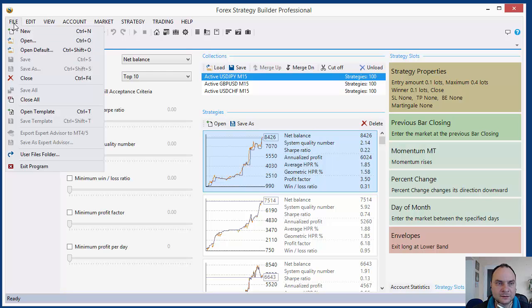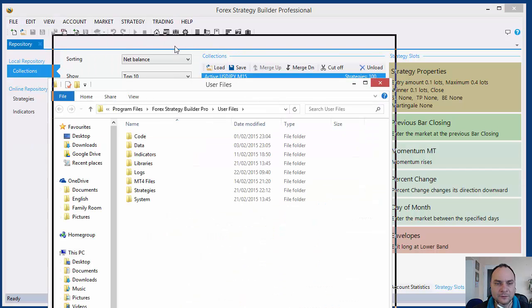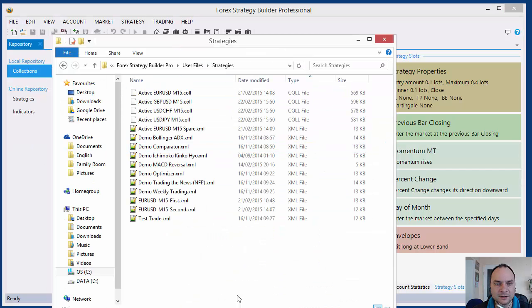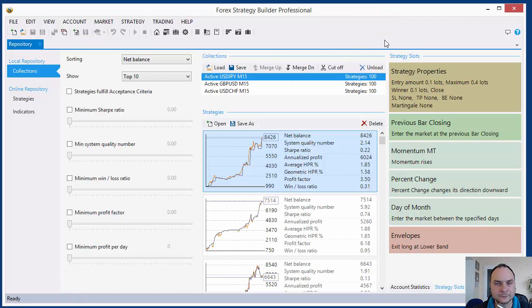I can see the strategy folder from File, User Files folder, Strategies, and these are the collections. They have a extension that comes from collection. So these are my 4 collections. And let's start with USDJPY, the first one. How can I use the collection?